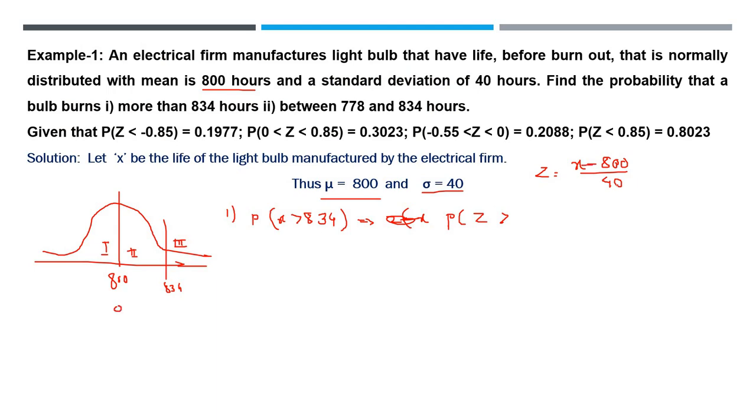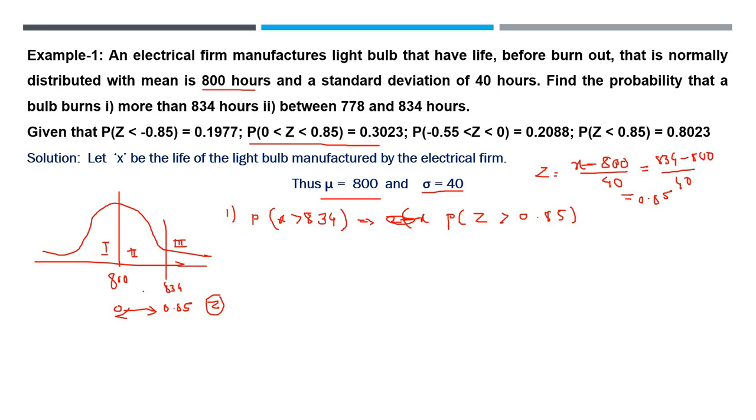So for 800, z is 0, because 800 minus 800 divided by 40 is 0. For 834, 834 minus 800 divided by 40 comes out to be 0.85. So z is greater than 0.85. This is the z value.